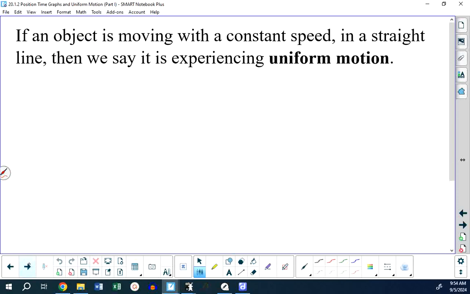So to begin with, this is an absolutely crucial definition. It is not just an important definition for definition's sake. It is key to understanding how to analyze objects' motions, because it turns out there are two types of motion in the universe. Uniform motion, which is what we're going to talk about, and non-uniform motion.